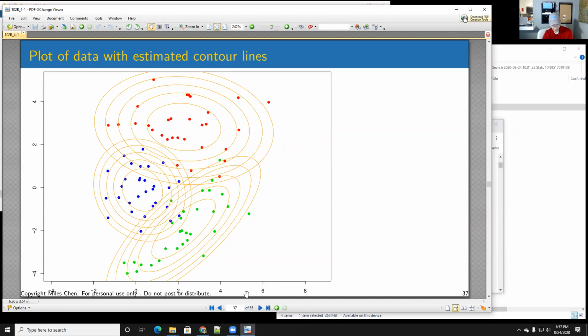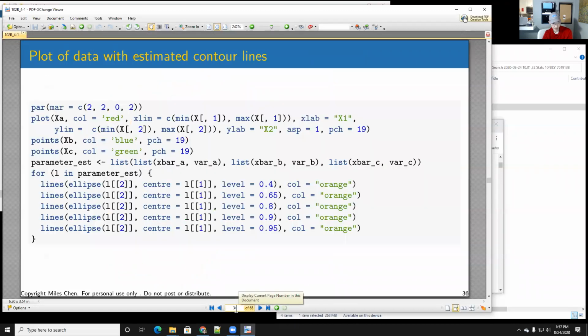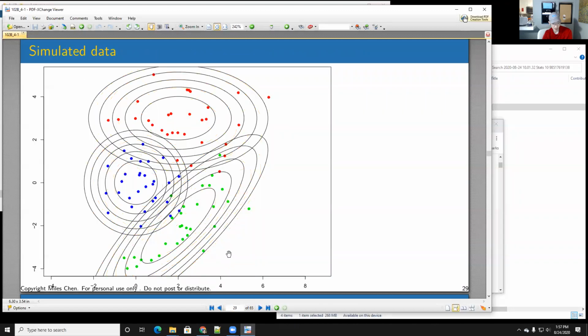Let me go back. What slide is it? Okay. So the black lines represent the distributions that I used to generate the data, but because of random sampling, I just happen to get some blue dots that aren't quite centered here, okay? And I happen to get green dots that aren't quite centered here, and red dots that aren't quite centered here.